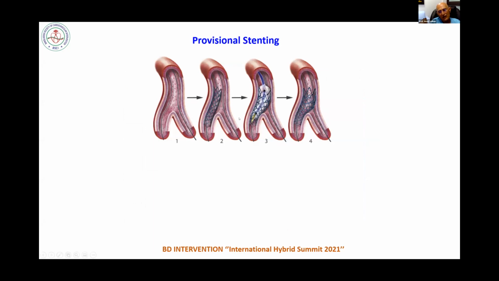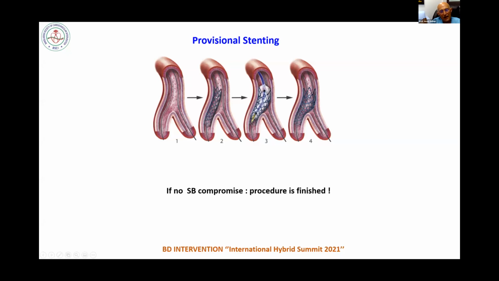And then coming to the procedure itself, I think we should go step by step in order to obtain the maximal result from any procedure we are doing. And the same applies also to provisional stenting, even if it could seem much easier than a two-stent technique.